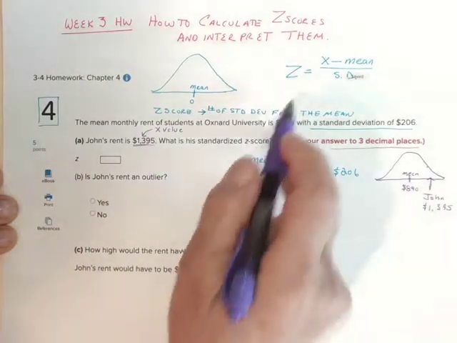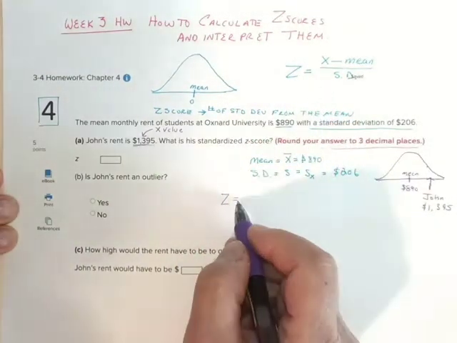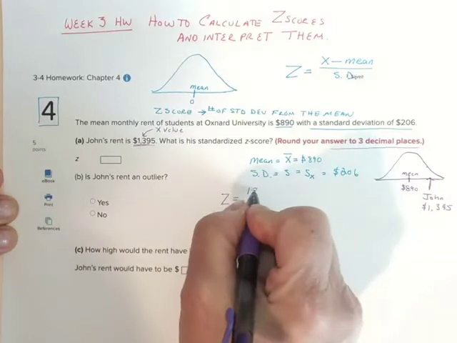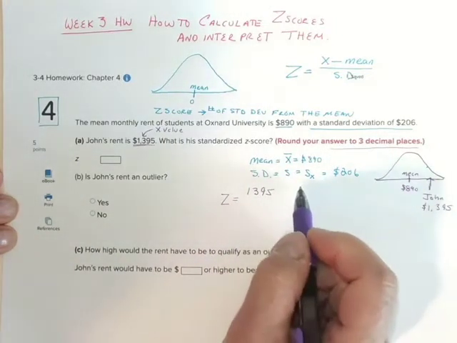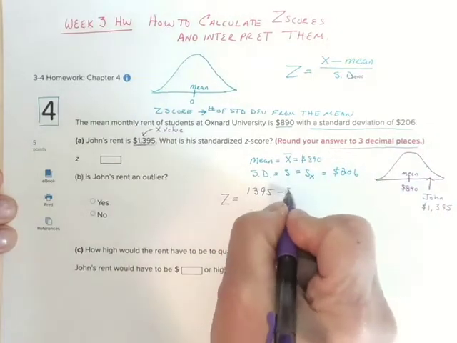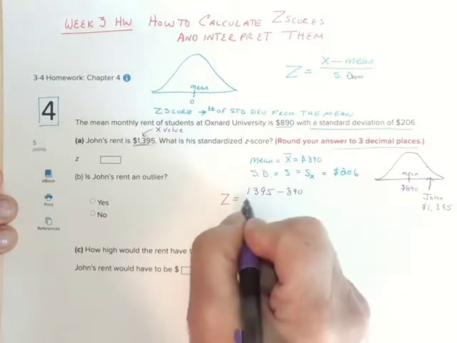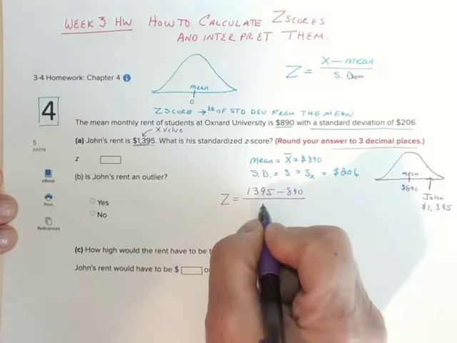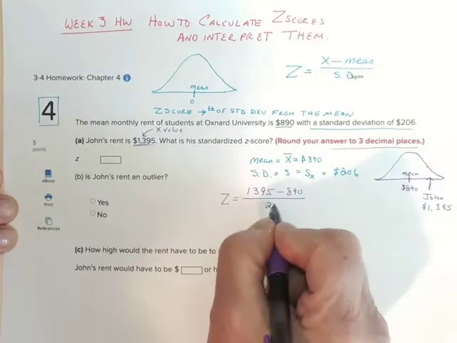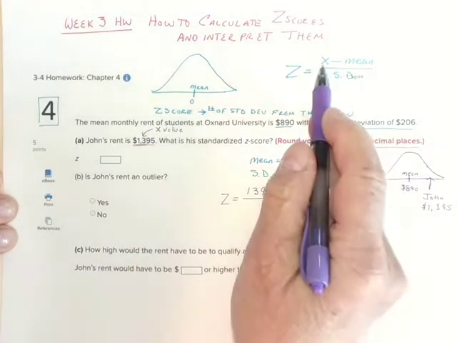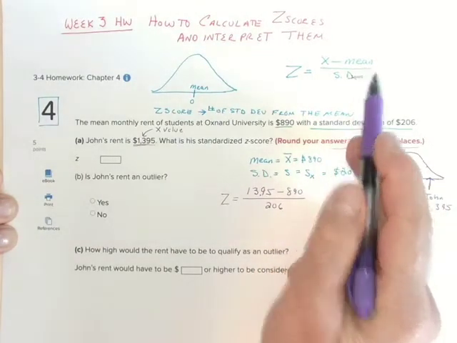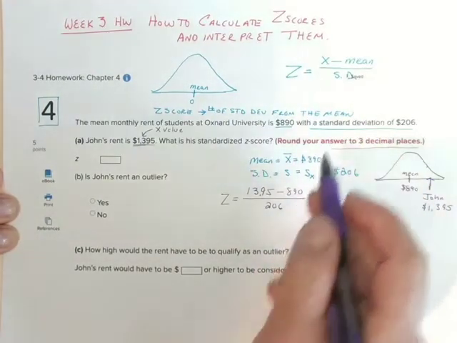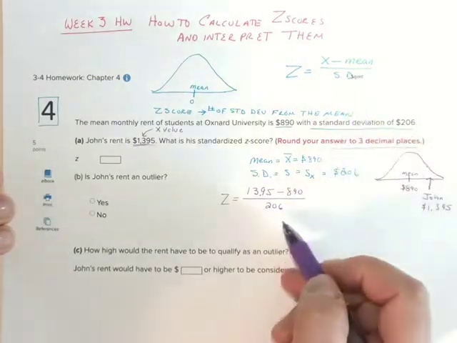We use this formula. X is 1,395 minus the mean, 890, and that is all divided by the standard deviation, 206. So the X value is 1395, the mean is 890, the standard deviation is 206.